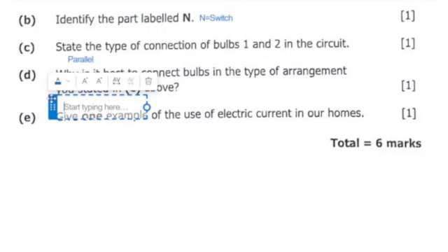So the advantage is each bulb enjoys the full voltage of the battery.